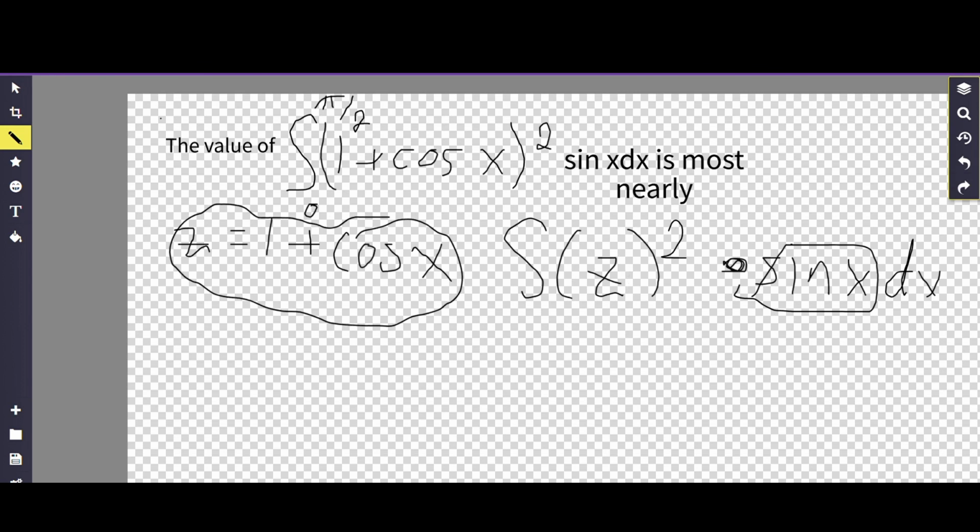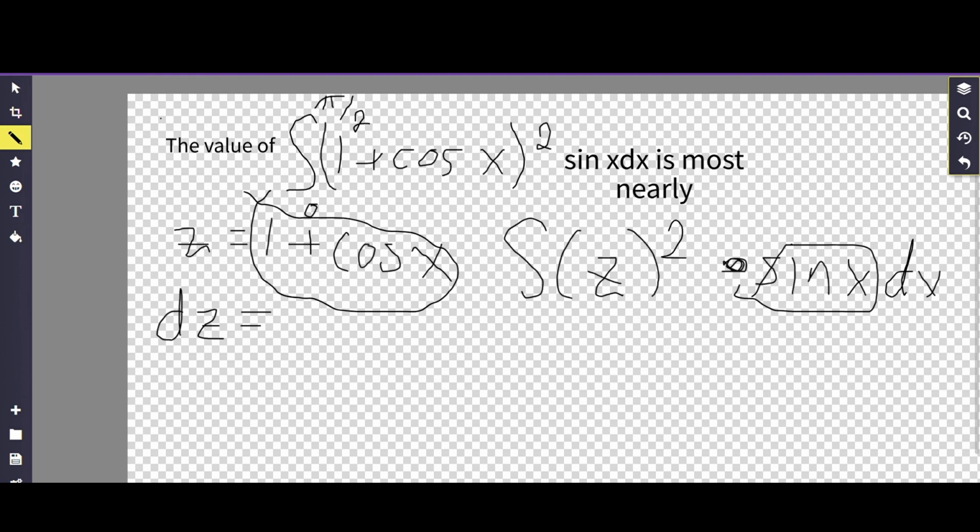And so the next thing we need to do is realize that z is also equal to 1 plus cosine of x, and we need dz. What we can do from there is realize that the derivative of this particular 1 plus cosine of x is going to be 0 minus the sine of x.